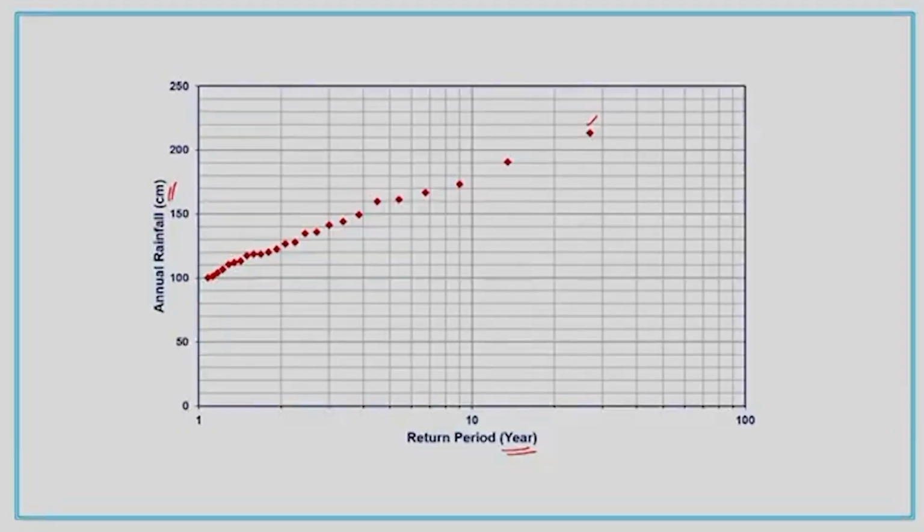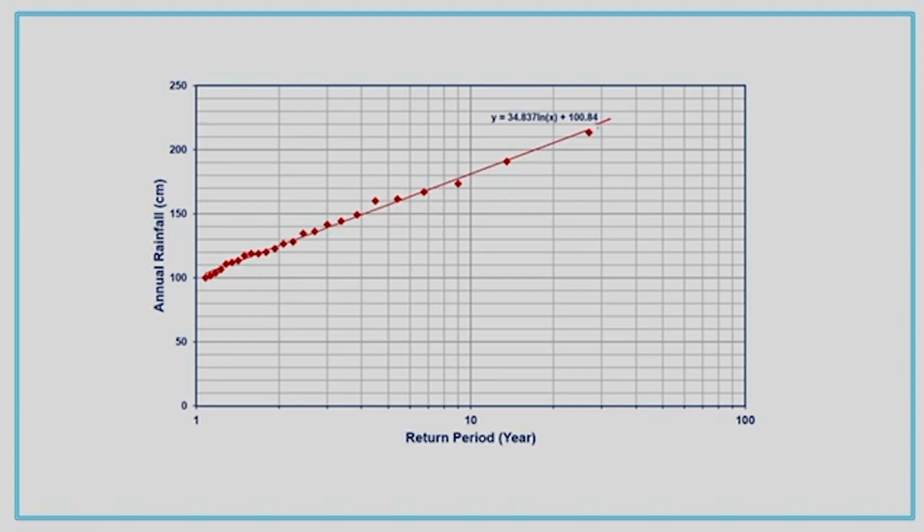So, let us see how the graph can be utilized for finding out the magnitude of the event corresponding to certain return period. For that, we are going to fit a straight line for this graph. So, the equation of the straight line is given by y is equal to 34.837 ln x plus 100.84.